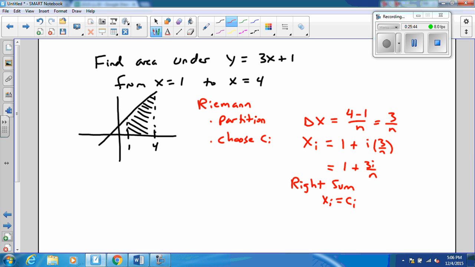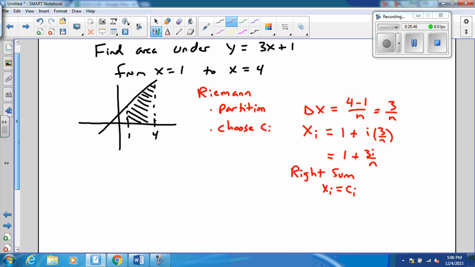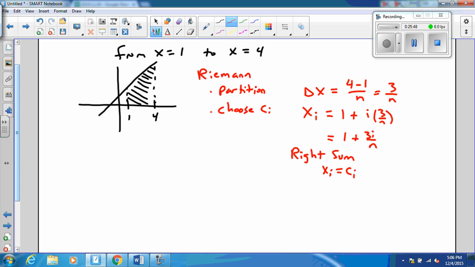The choice of ci, again, we could do anything, but the easiest choice is probably to do a right sum. Like so.